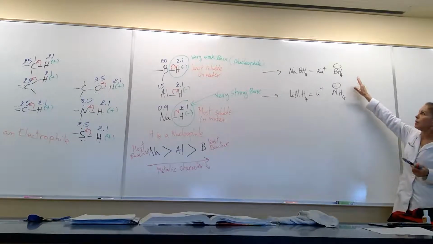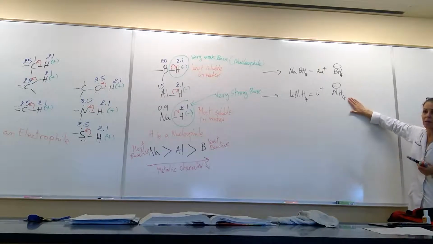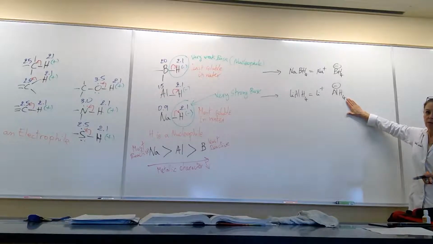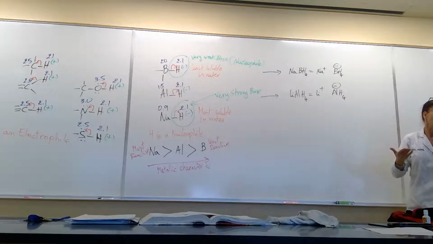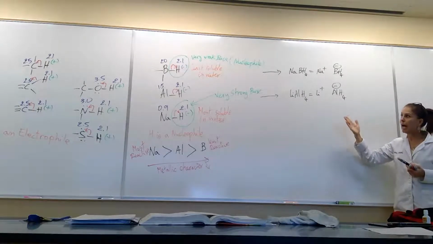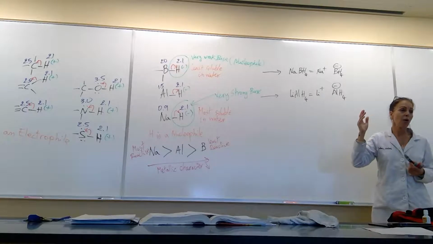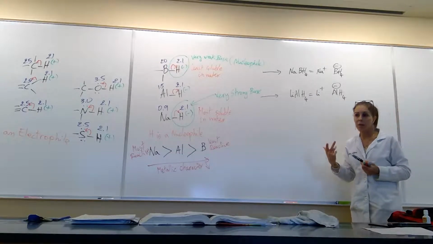So this one reacts only once. This can react more than once. You can do up to 4, but we're not going to go all the way to 4. So keep in mind that if I see NaBH4, it only reacts once. If I see LiAlH4, it can react more than once.